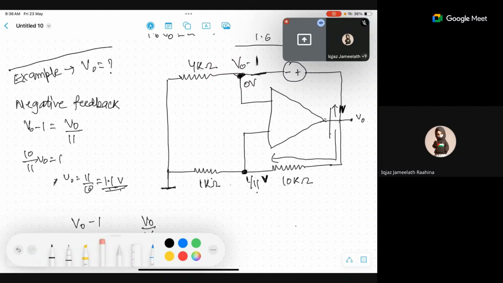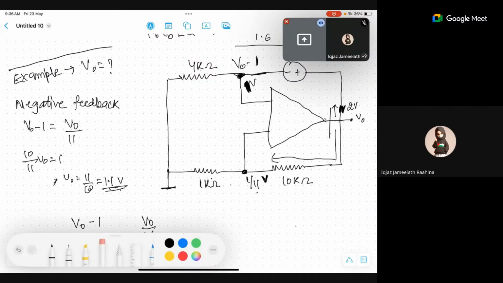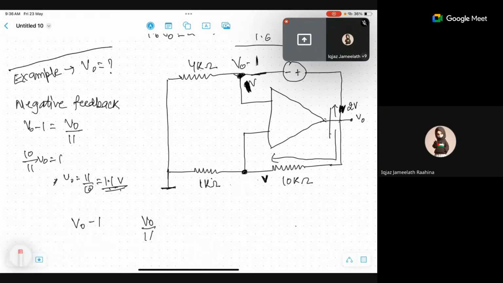So I just increase the voltage by 2 volts. When I apply the 2 volts, we are getting 1 volt here. And when we are applying 2 volts, we are getting 2 by 11, so that is 0.22 volts.